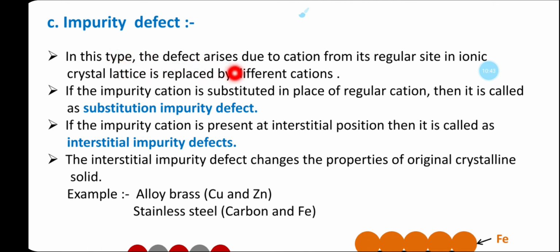This type of defect arises when the cation from its regular site in the ionic crystal lattice is replaced by a different cation. That means the regular cation will be replaced by the other impurity cation. If the impurity cation is substituted in place of the regular cation, then it is called substitution impurity defect.